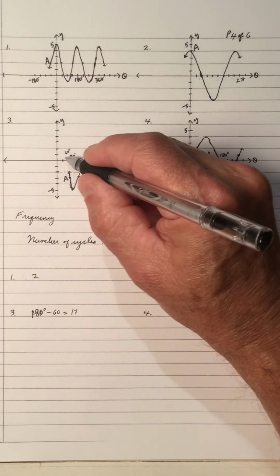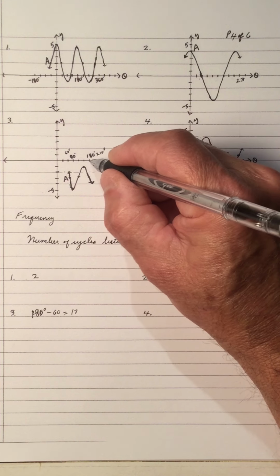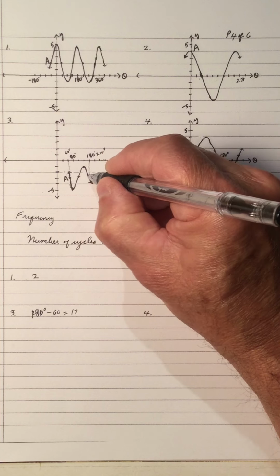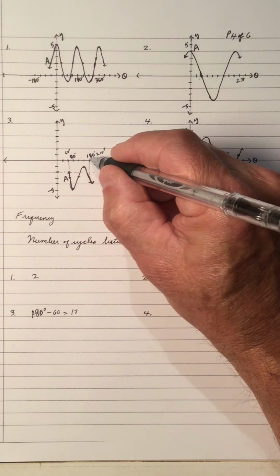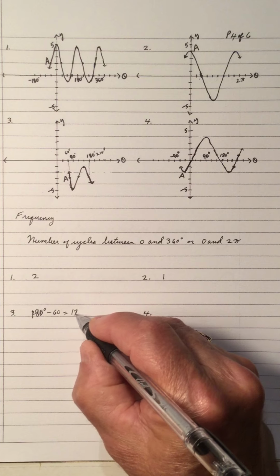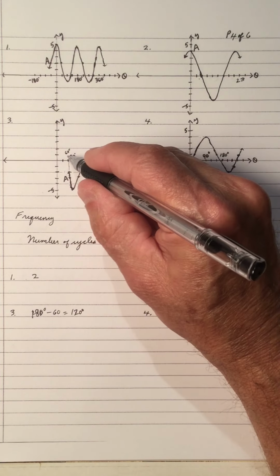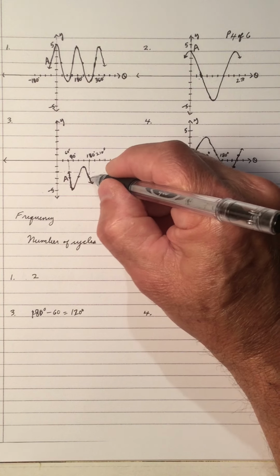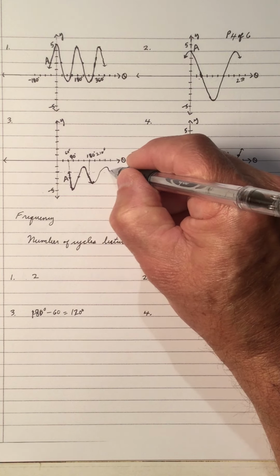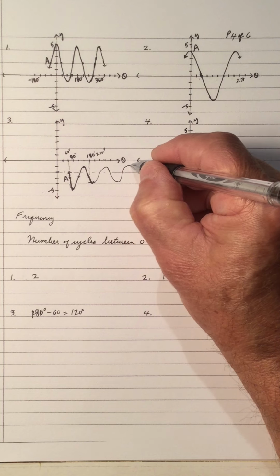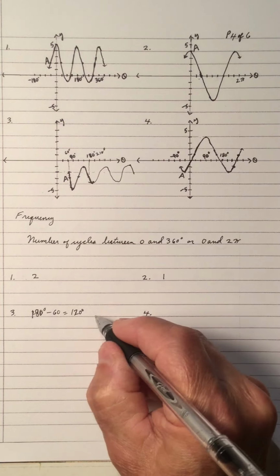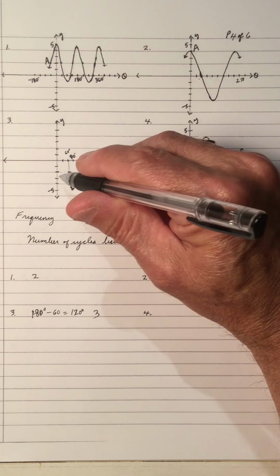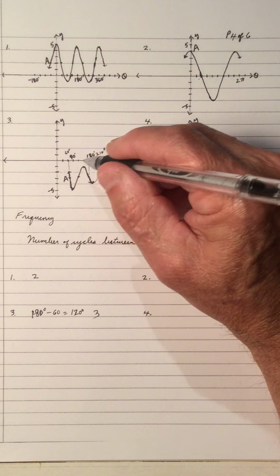This is the sideways S, so there's one sideways S right here between 60 and 180, and that makes it 120 degrees. If there's 120 here, then it takes another 120, and then another 120, so there's 3 cycles. The frequency is 3, because there are 3 cycles between 0 and 360.